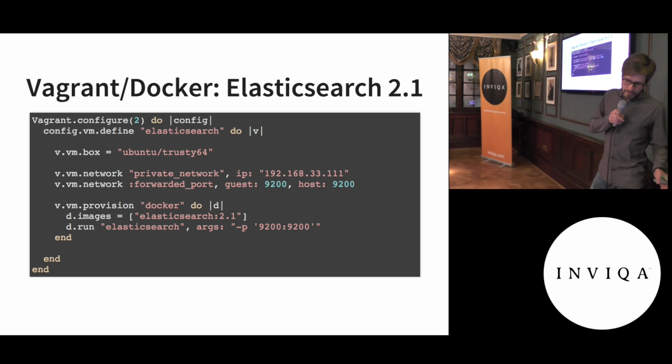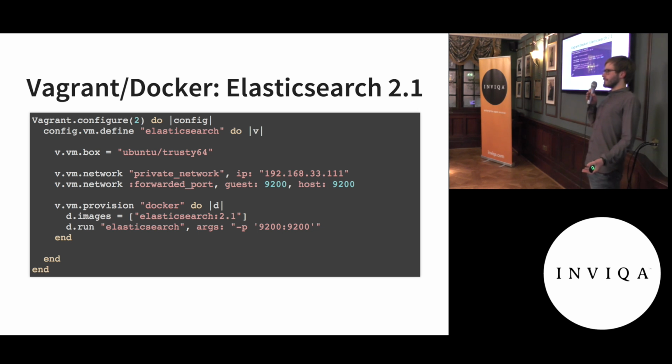So just a quick overview of what this is. It loads an Ubuntu server distribution into a Vagrant virtual machine, and then downloads Docker and downloads the Elasticsearch Docker container. And basically with one shell command, your Elasticsearch is ready to run locally for development and play.